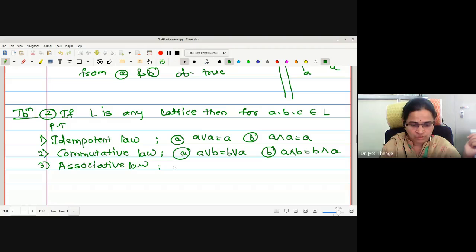Associative law. The first associative I will write is A join B meet C. No, for associative it is not. A join B join C. That is for distributive actually.